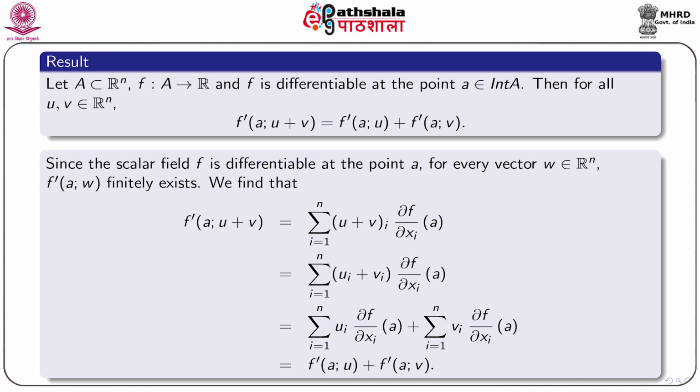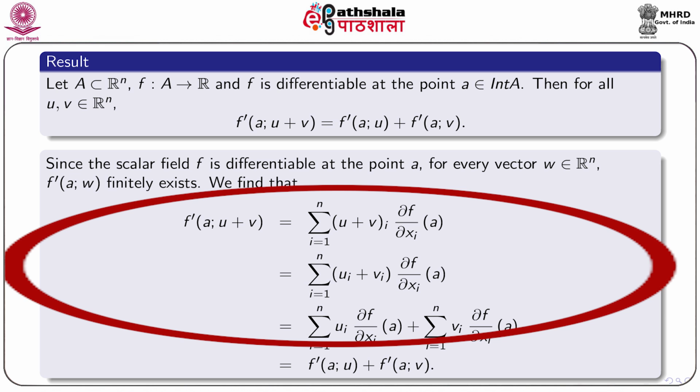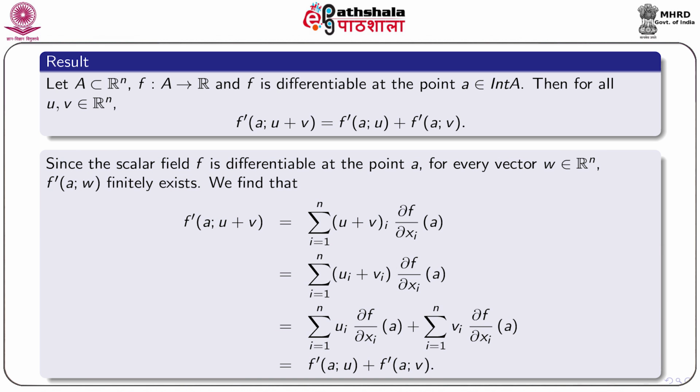Since the scalar field f is differentiable at the point a, we know for every vector w in R^n, the vector derivative f'(a; w) finitely exists. We find that f'(a; u + v) equals the sum of the ith component of the vector u + v multiplied by del f del xi at a.